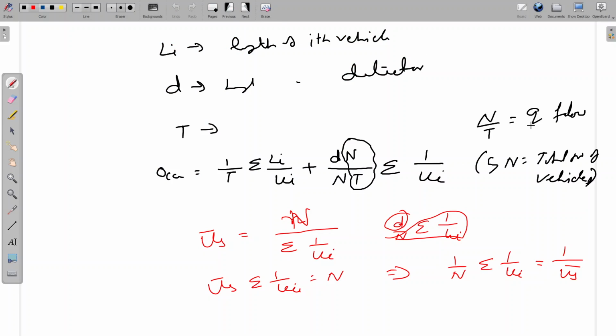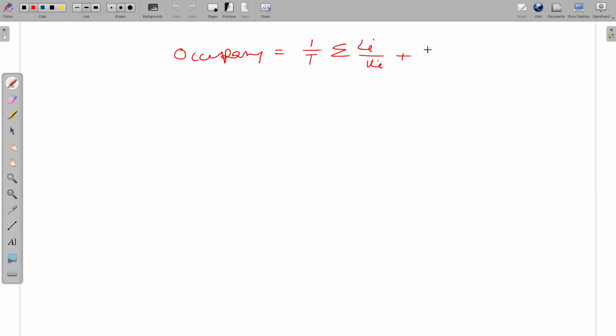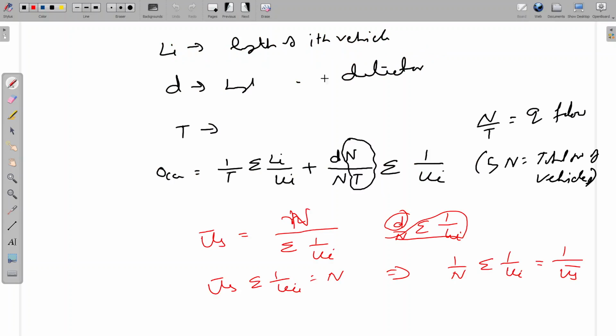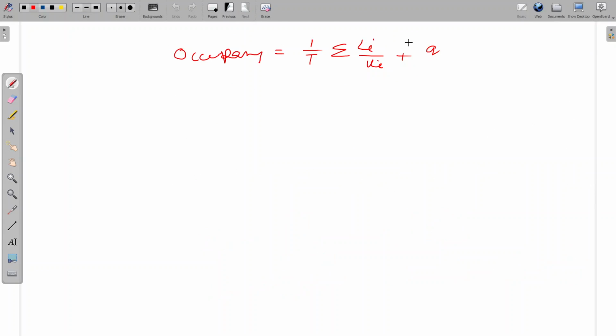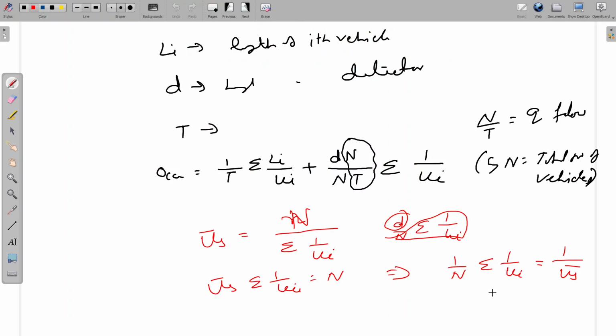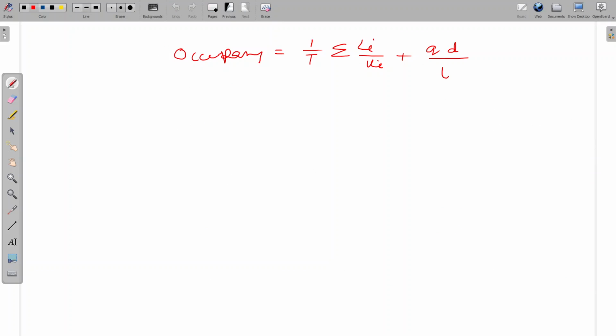N upon t is nothing but equal to flow, that is flow q, right? Flow q. Then in this equation there was a d, so d left, so q into t divided by, this is nothing but equal to 1 upon q bar s, so q bar, very simple you can write.